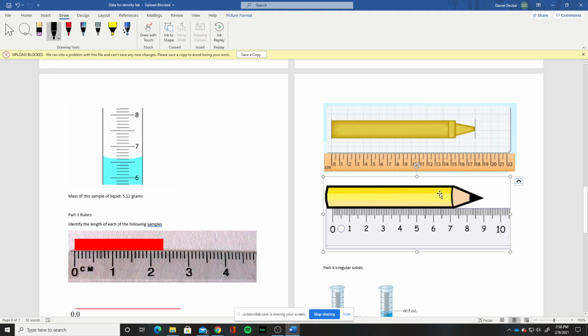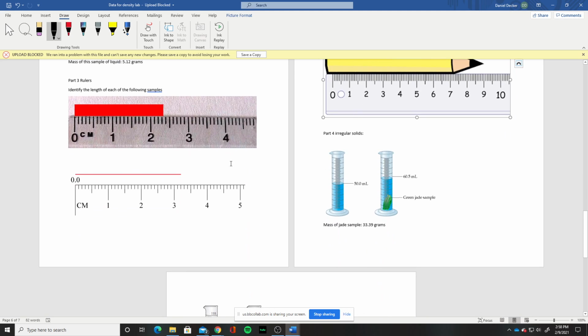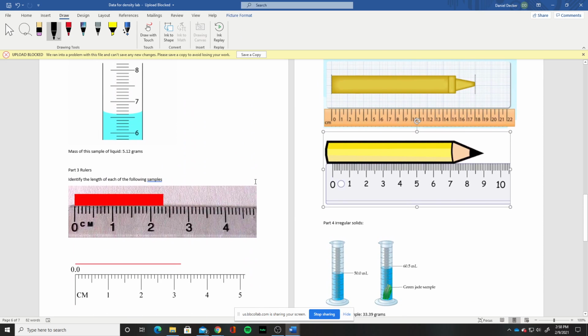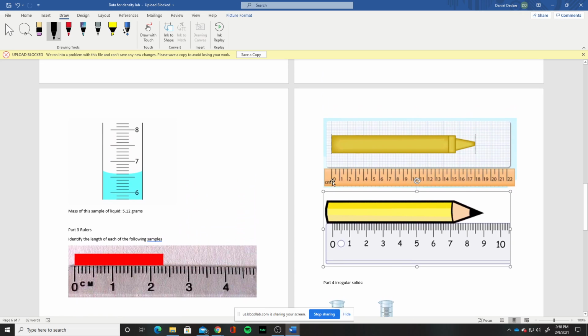So you'll have 4 different distances, and just keep in mind here that first of all, I do want you to accurately measure it, but also the main thing I'm going to be looking for is to make sure that you are estimating, again, that 1 digit past the markings. The one exception to that, or the tricky one, I guess you could say, is this one, because there's only 1 mark between the centimeter marks.